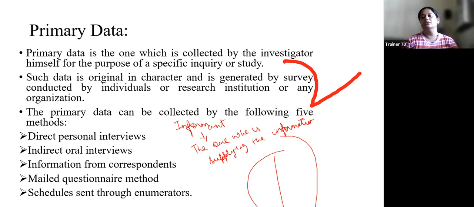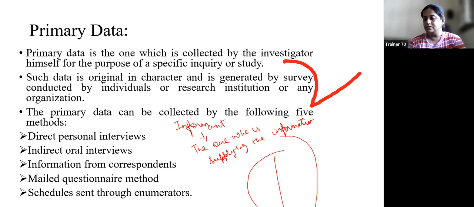So these are the demerits of direct personal interviews. And lastly, yes, personal biasness at the end of investigator. आपने रिजल्ट कुछ दिया, आपने आउटपुट कुछ दिया, डेटा कुछ सप्लाई किया, बट वो रिकॉर्ड कुछ और किया गया. तो पर्सनल बायस ऑफ द इंटरव्यूअर इज ऑल्सो अ डिसएडवांटेज अंडर दिस मेथड, डायरेक्ट पर्सनल इंटरव्यू.